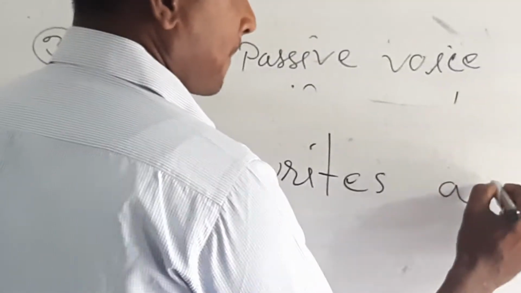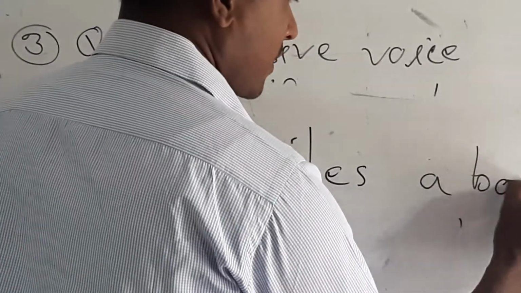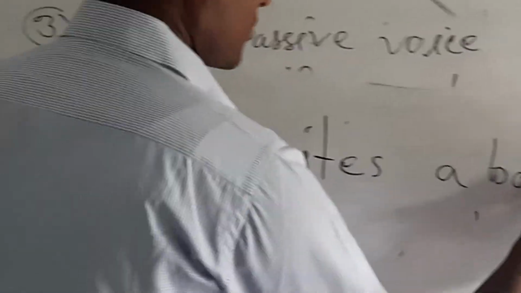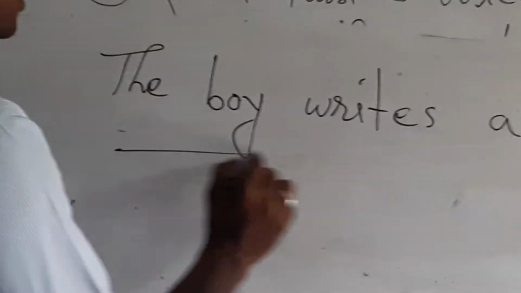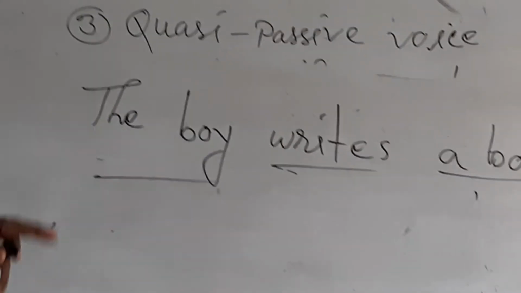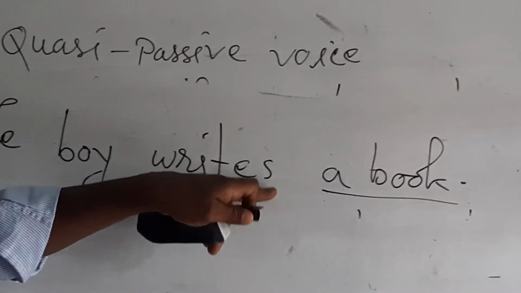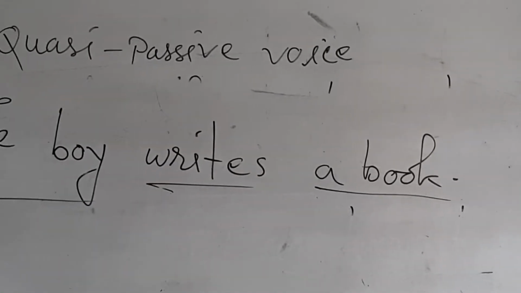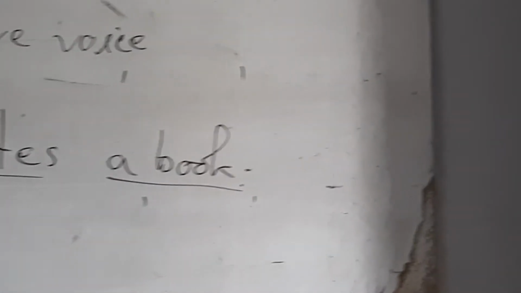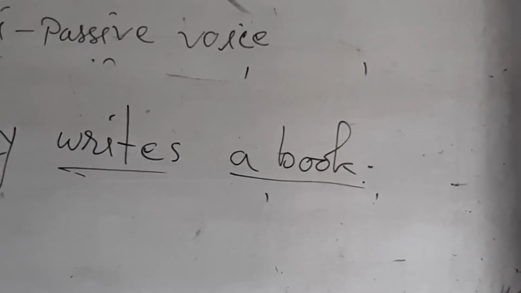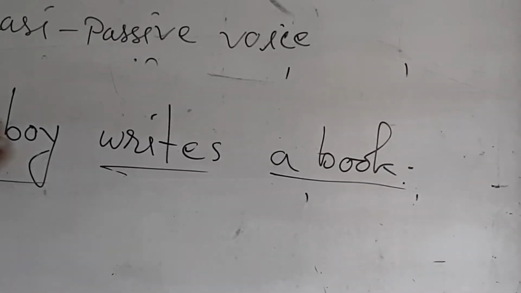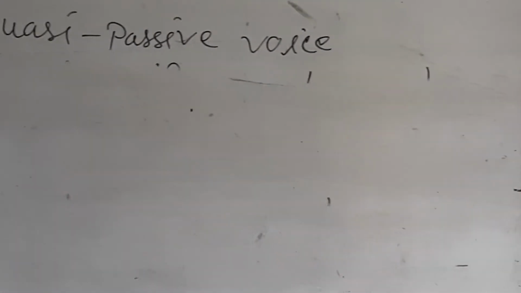The boy writes a book. Here, the boy is the subject, writes is the main verb and a book is the object. It is an active voice.